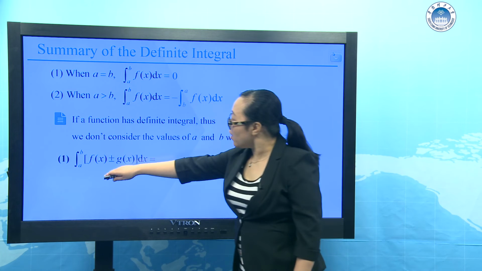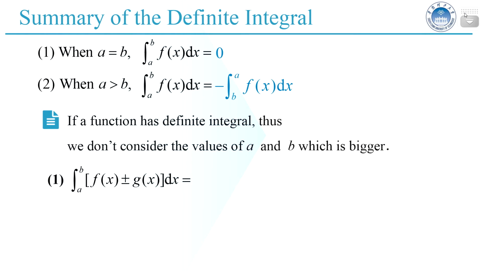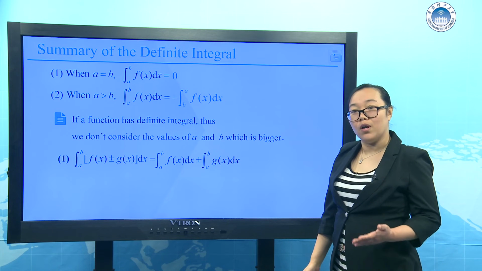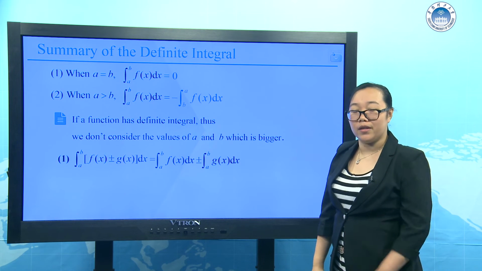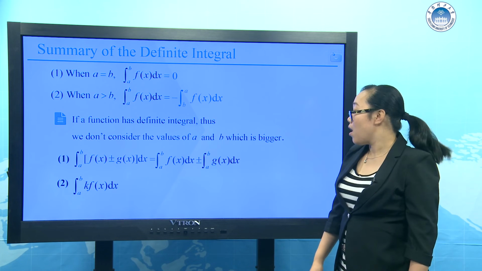If the integral from a to b of f(x) plus or minus g(x) equals what? Yes, it equals the sum or difference of the two definite integrals. How to prove it? You can prove it by yourself using the limit idea. Now look at property 2.